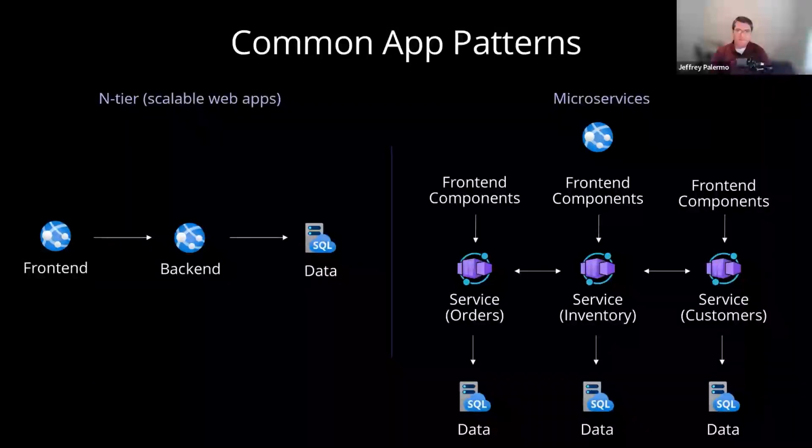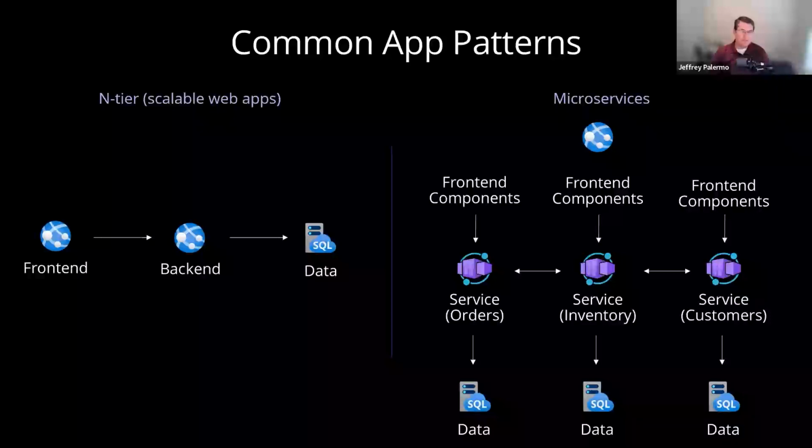Let's talk about the two different types of applications that Azure is really trying to support. The common pattern that's been around for decades is n-tier applications, where you have some user interface portion that then calls to some other process that's running somewhere else.